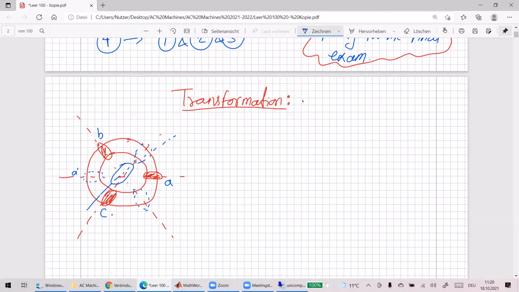On the opposite side of A, there will be another winding which will be called A dash. On the C side there will be C dash, and opposite to B will be B dash. So this B dash basically represents our negative axis and B represents the positive axis. Like that, A also represents the positive axis and A dash represents our negative axis for A.